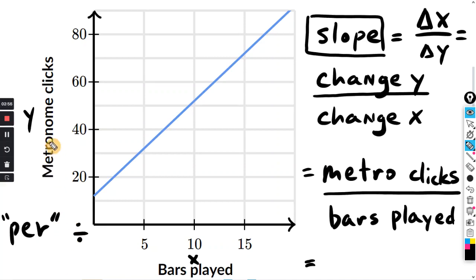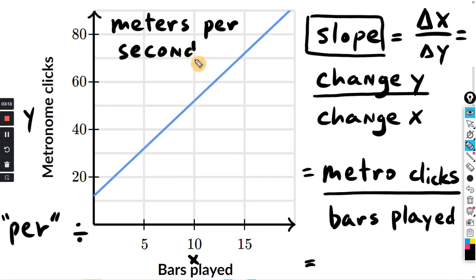Like if you had meters per second, this is not part of this problem, but what would that look like as a fraction? Well, that would be m meters divided by s seconds, meters per second. Same thing here.